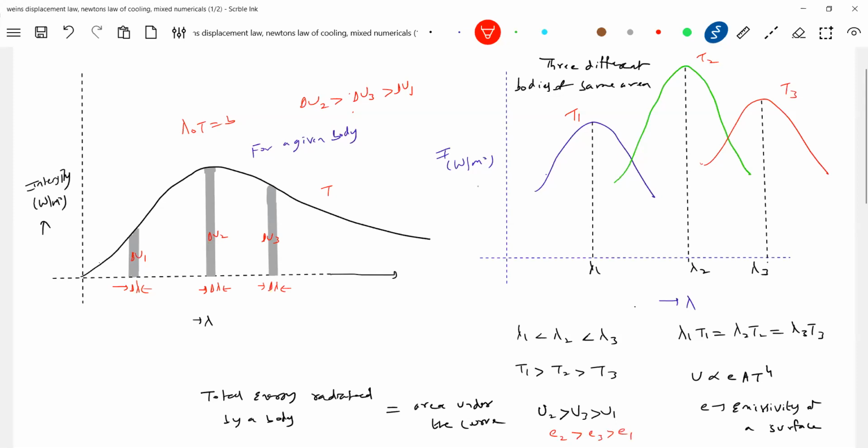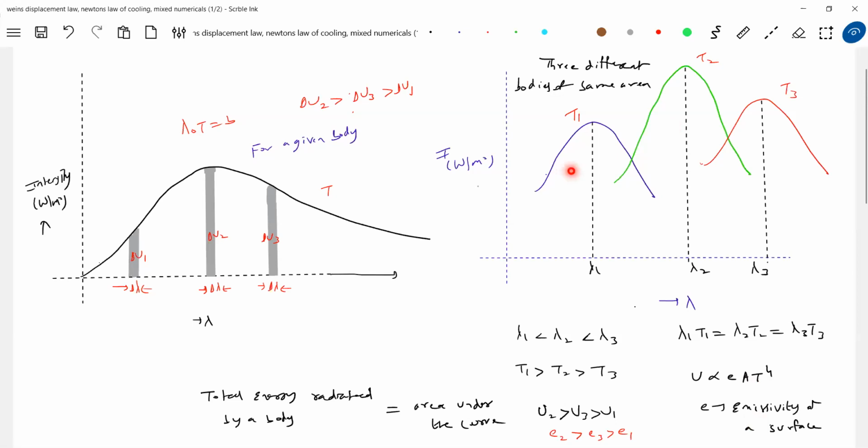Will I agree with this, since I have this condition? The area is the same, T1 greater than T2 greater than T3, but U2 greater than U3 greater than U1. So now the emissivity is what determines this. How much we can't tell, but we can relate. This can be the relationship, but exactly we cannot tell. That's what I mean to say here.